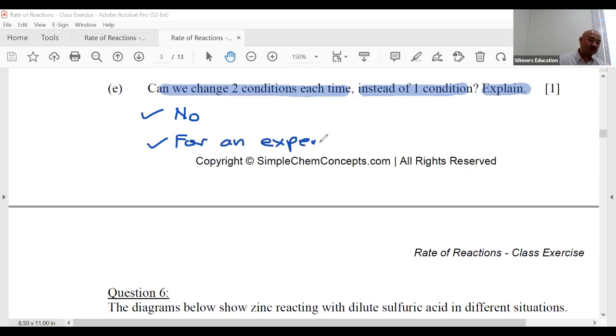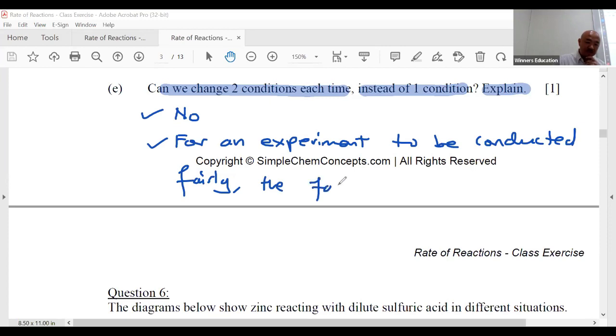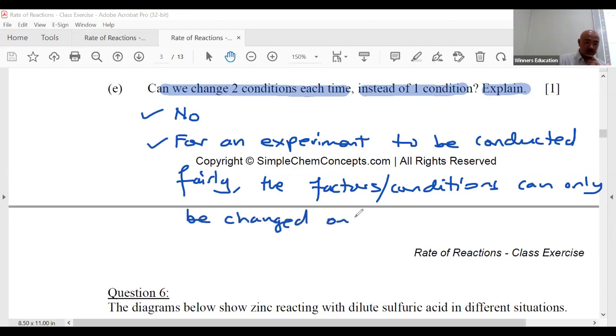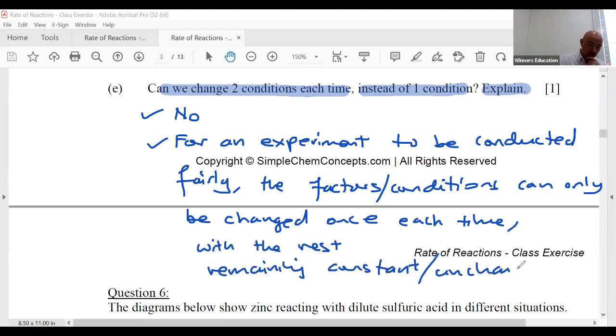For an experiment to be conducted fairly, the factors or the condition or the variables, they all mean the same thing to me, and only we change one each time, with the rest, let me write it, remaining unchanged or constant. And therefore, this is a good experiment.